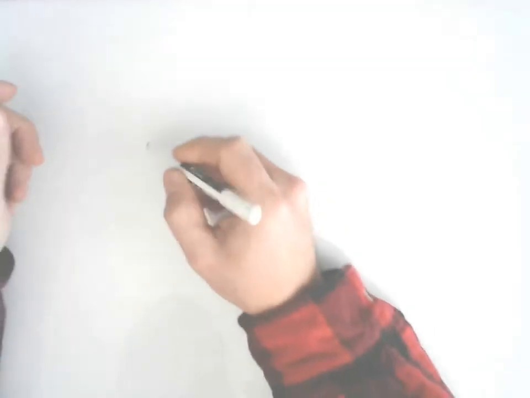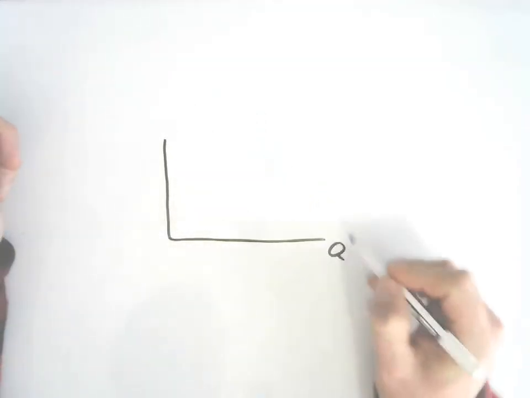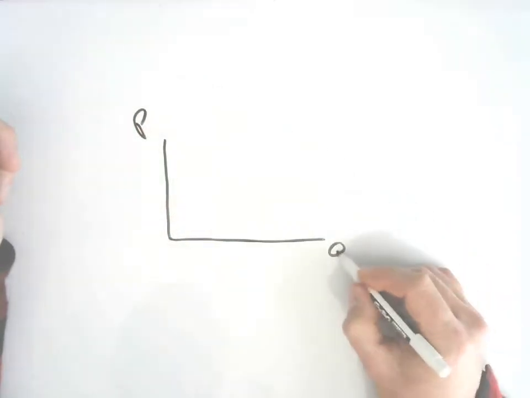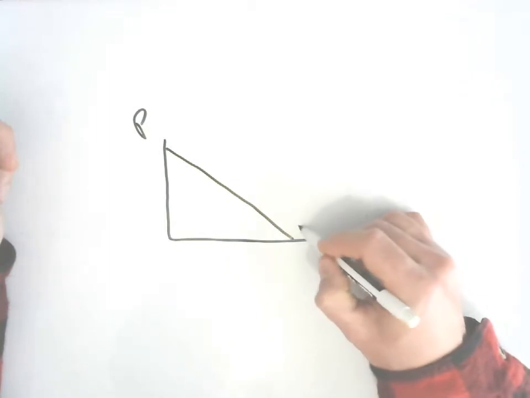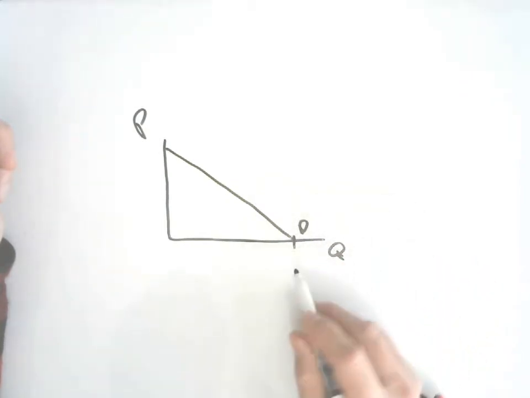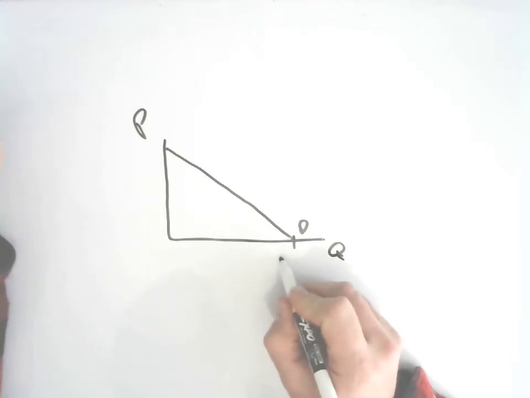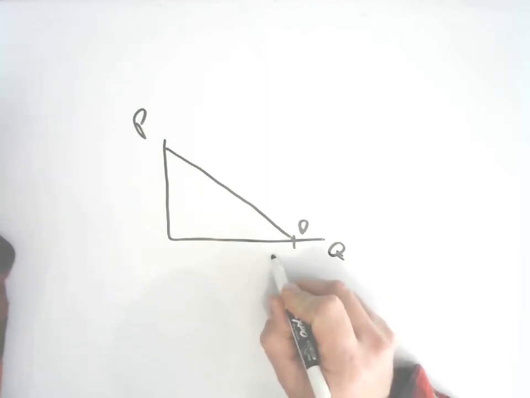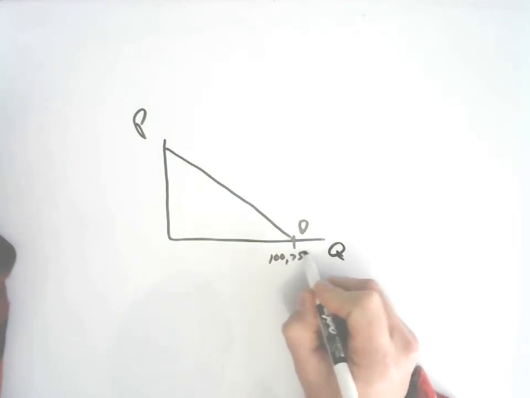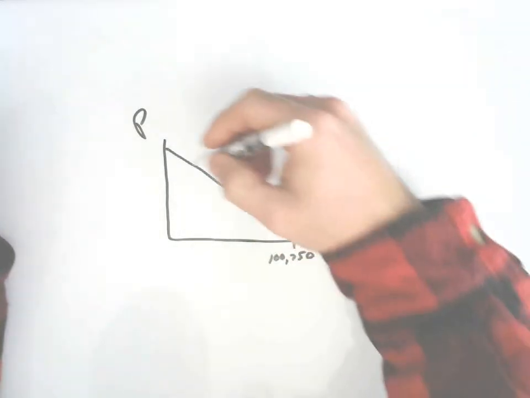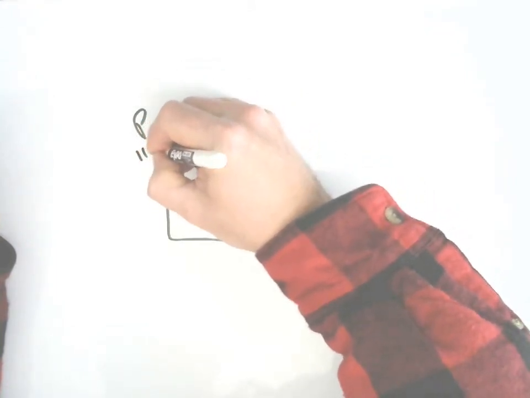Now, let me throw you a little trick. Assume that this is my demand curve, and assume the horizontal intercept is, say, 100,750 units, and assume the vertical intercept is at a price of $112.